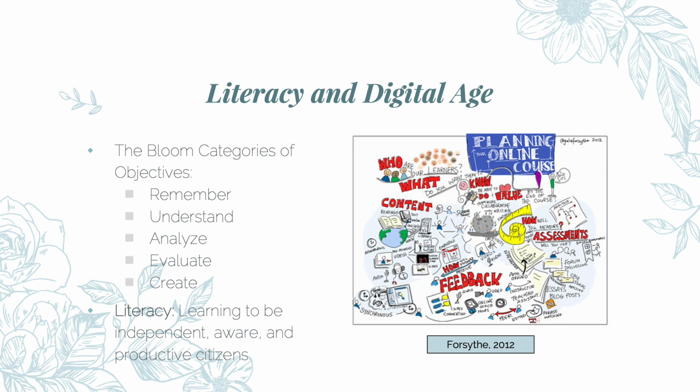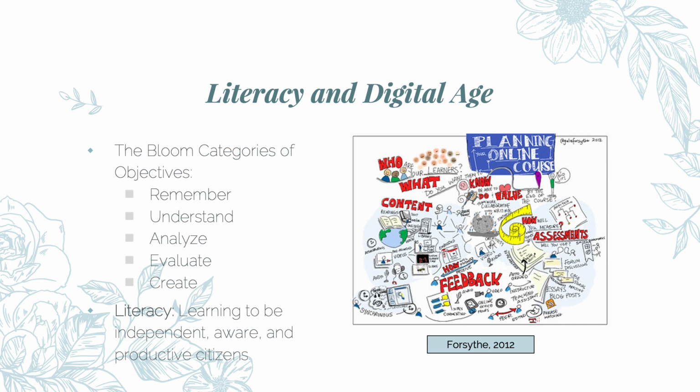For the next section of chapter 3, it was literacy and digital age, and the main idea of that section was the Bloom categories of objectives, which were to understand, analyze, evaluate, create, and to remember.